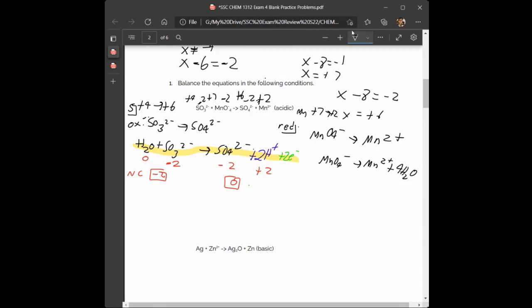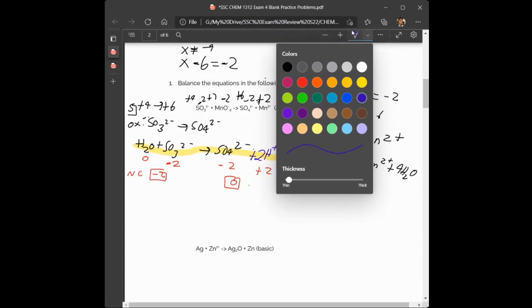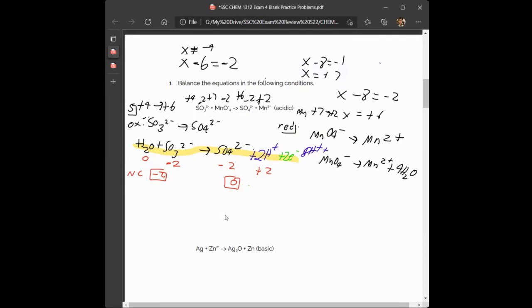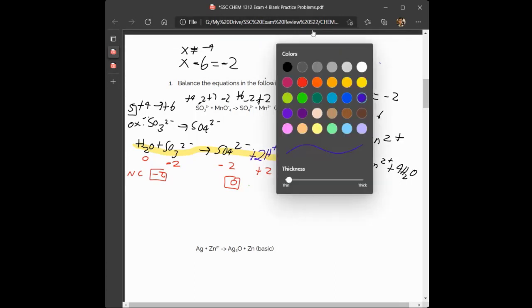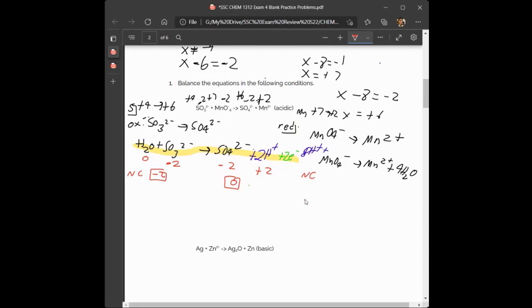I'll do this in blue like I did with the previous one. Notice how there's going to be 8 on the right. Now I need to put 8 on the left too. Once I do that, the charges are imbalanced. But how are they imbalanced? Let's take a look.